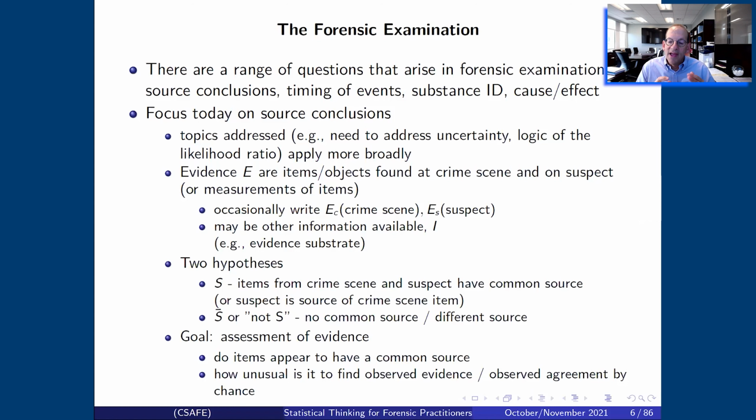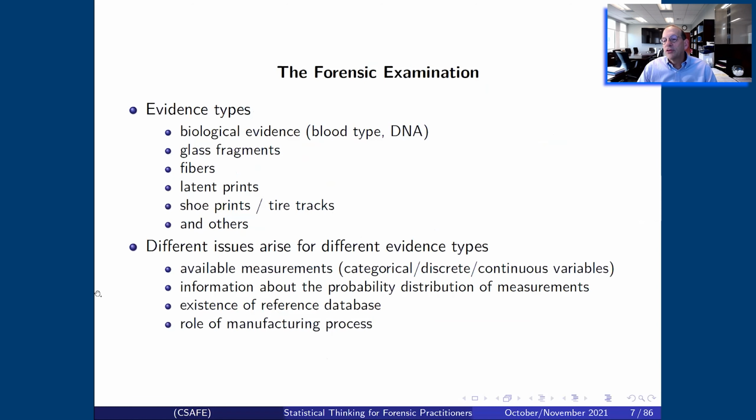One, S, that the items from the crime scene and the suspect come from the same source. So S is for same source. And not S means different source. Mathematically, that sometimes gets written as an S with a bar over it, but I won't do that very often. It'll generally say not S, and it may even say D for different source. And so that's our goal for the most part today.